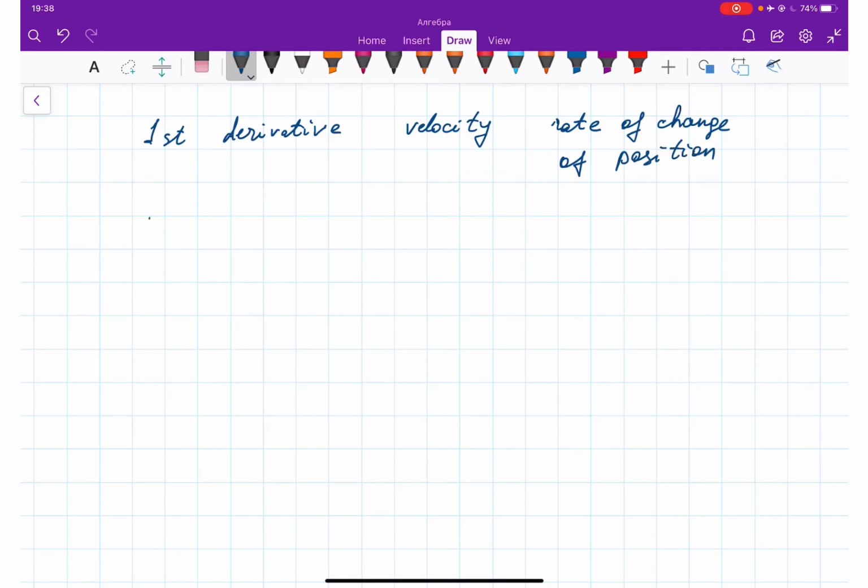Second derivative, if I take one more derivative, is going to give me acceleration. Acceleration is going to be the rate of change of the velocity.